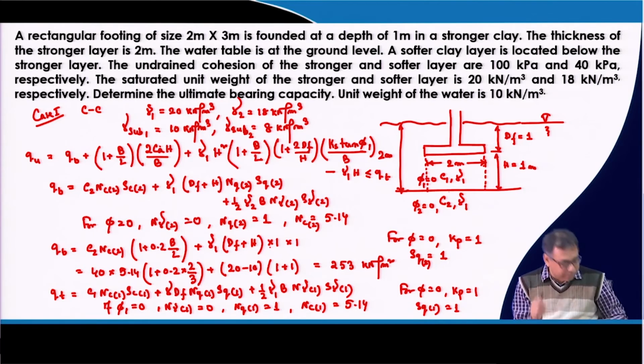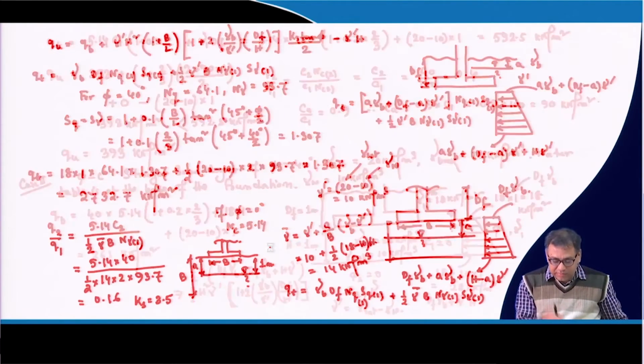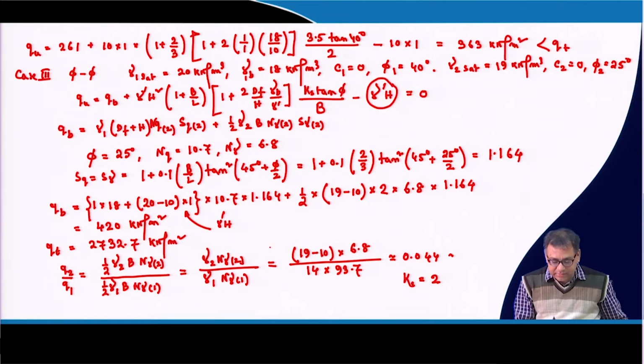That is no issue, but if you do the same thing for sandy soil, then I think it is not the right approach. You have to make some modification. Why do we have to modify? Because in the QB calculation, the shape factor and the bearing capacity factor are now not 1, both are some value.